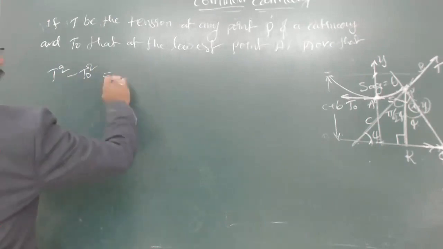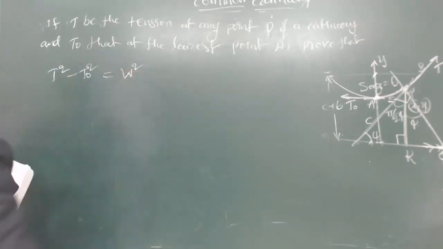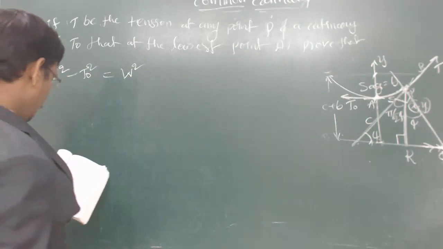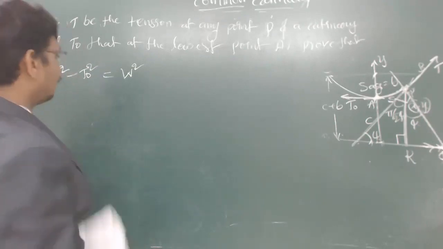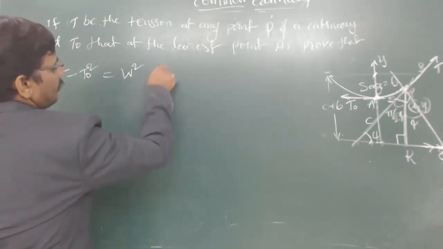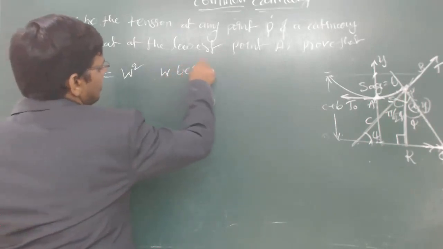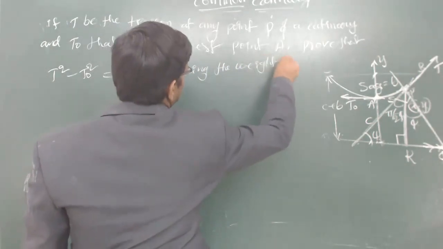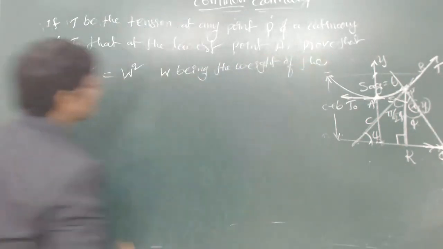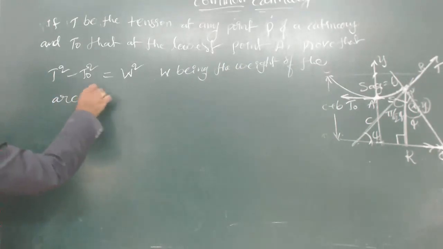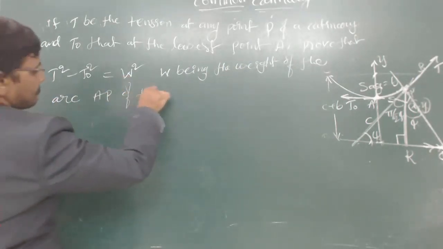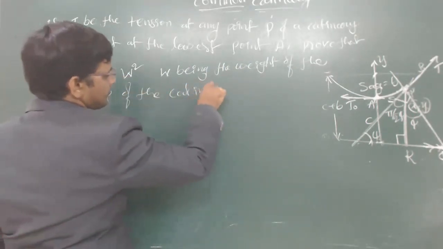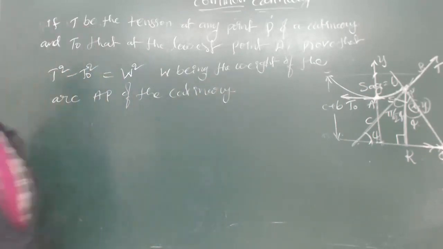This is capital W, W being the weight of the arc AP of the catenary. Got it? So can you try to prove this relation?